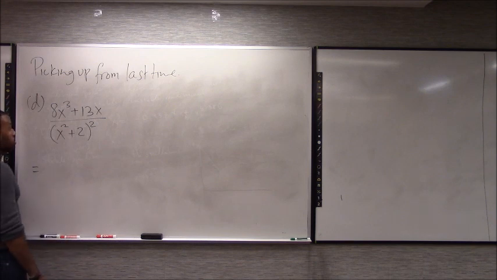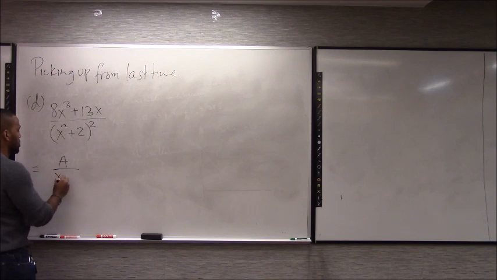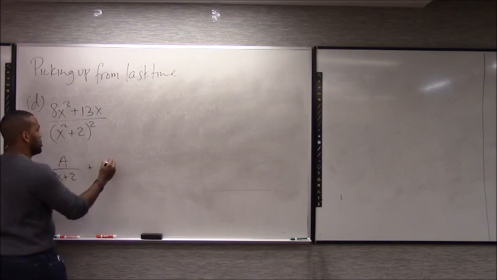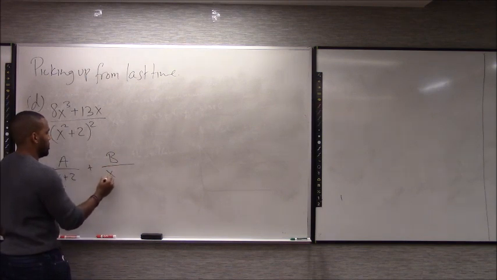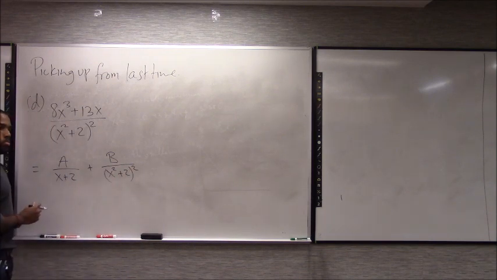We put equals A over x plus 2 and then plus B over x squared plus 2 and then parentheses squared. No?